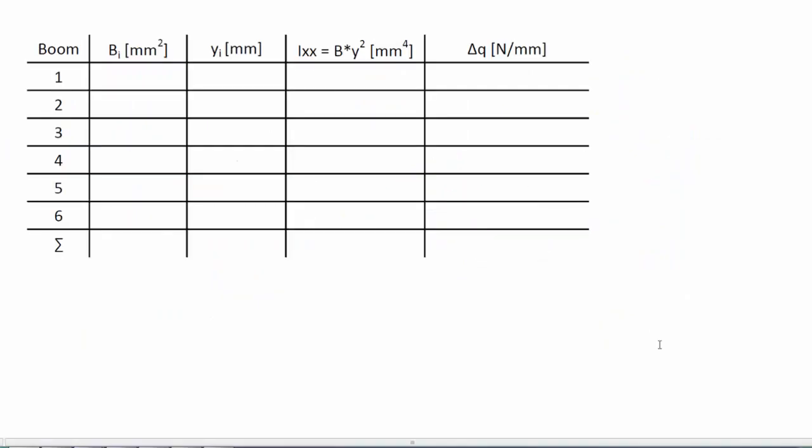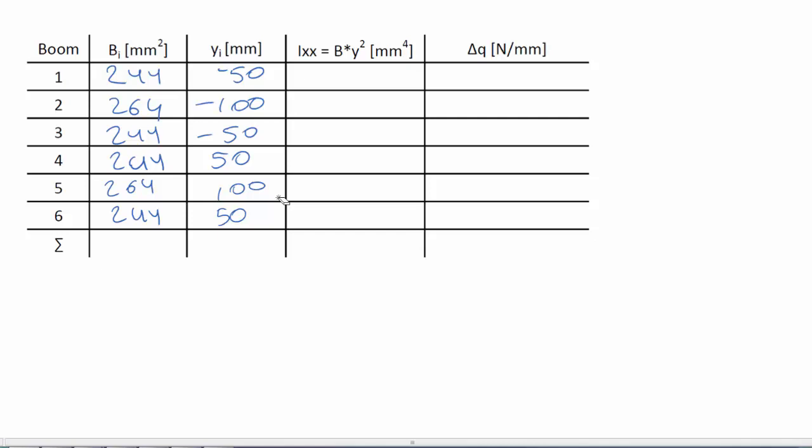Let's start with calculating Ixx. And let's start by filling in the boom areas that are given in the question. Then the y locations. Pay attention here because the y-axis is positive downwards, which means that the upper 3 booms have a negative y location. And the lower 3 booms have, of course, 50, not 500, a positive location.